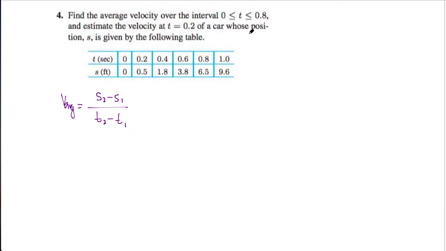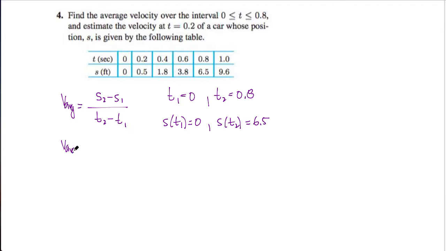So if I want to find the average velocity for this first interval, T1 would be 0, T2 would be 0.8. So I'm going to need S of T1, which is going to be 0, and S of T2, which is going to be 6.5.